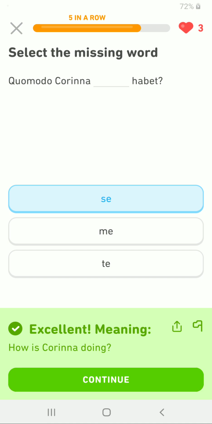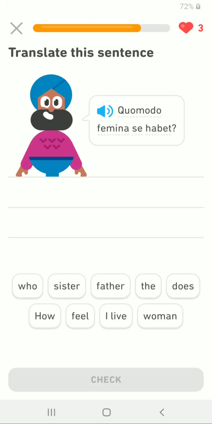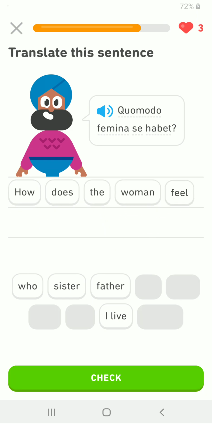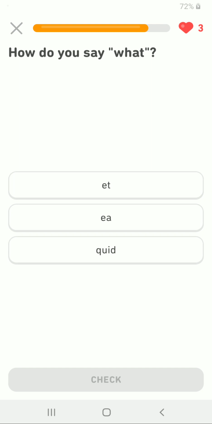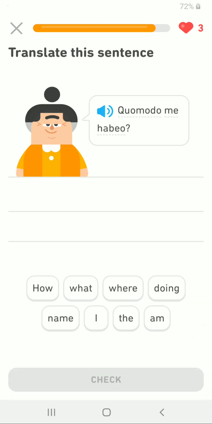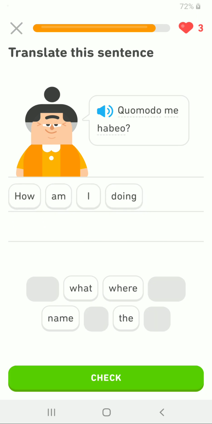So we got this one correct. Quomodo femina se habet? How does the woman feel? And what else? Quomodo me habeo? How am I doing?